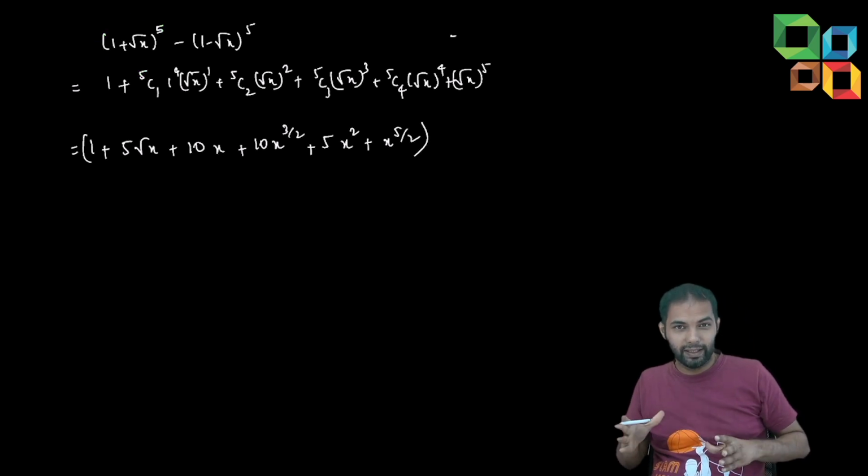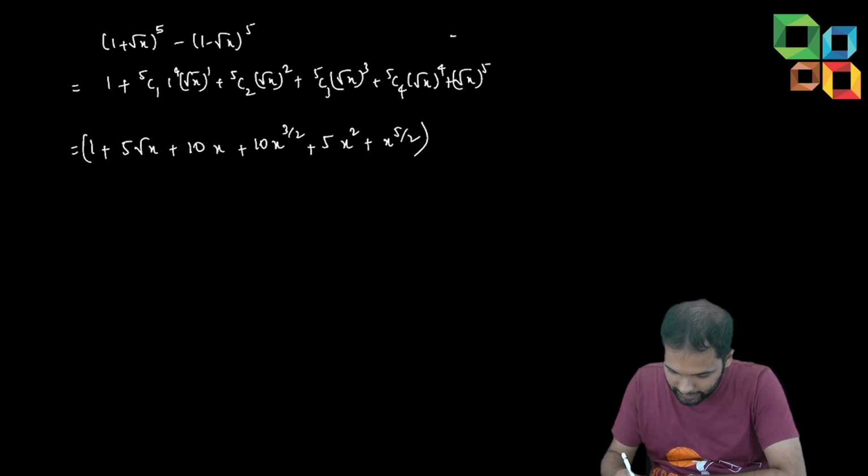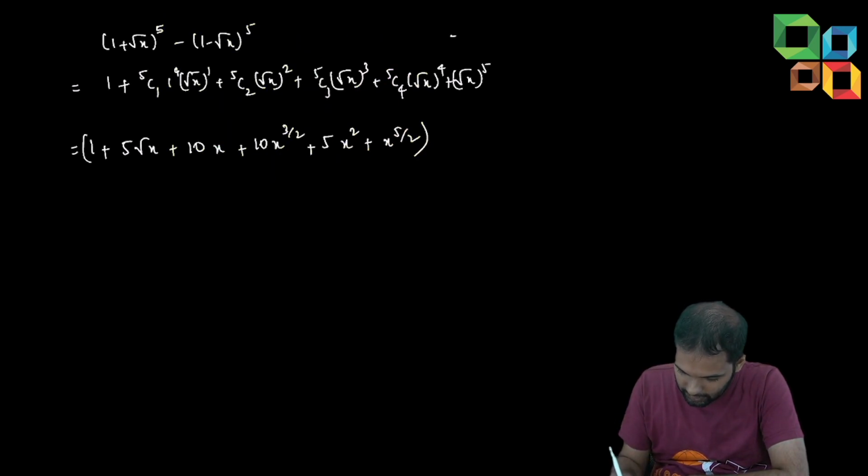Now, similarly, can we write the second term? I'll just write below it, just so that we get easier connections. Look at this. Only this sign changes. x is same and y is same. So this will remain same. Now here we'll have a change. This will be minus root x.